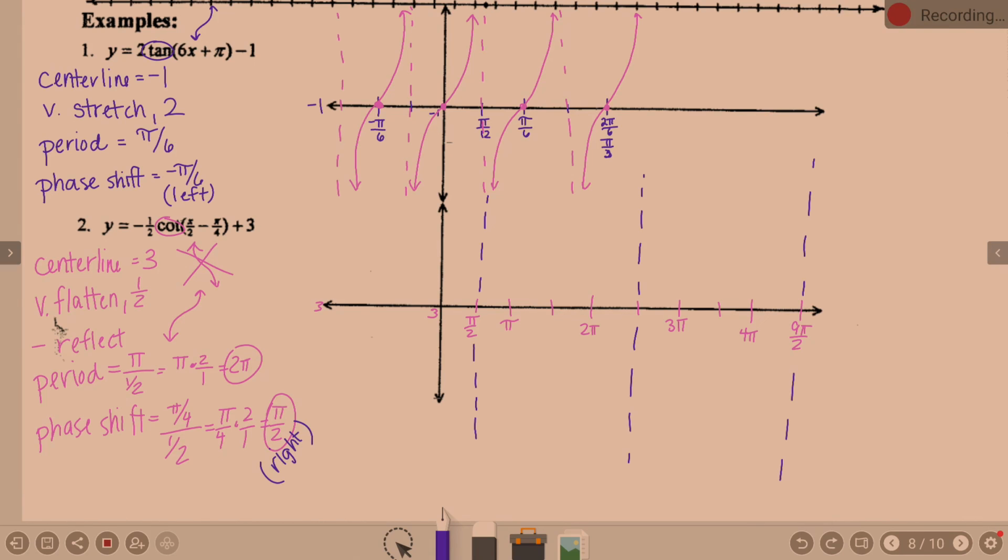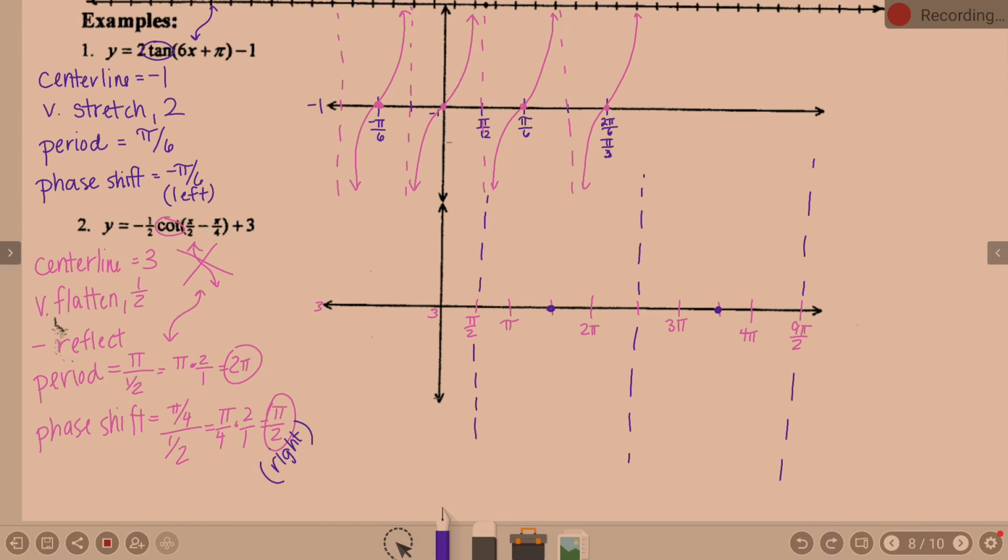Is that making sense? And then the middle of those sections are your points, so you're going to have one at 1.5 pi and at 3.5 pi. Cotangent is decreasing, but reflected, so I'm increasing.